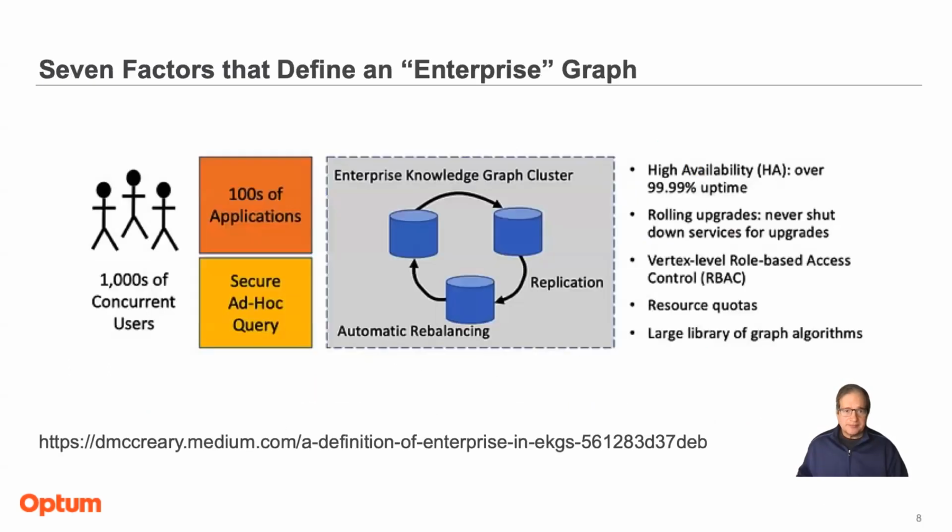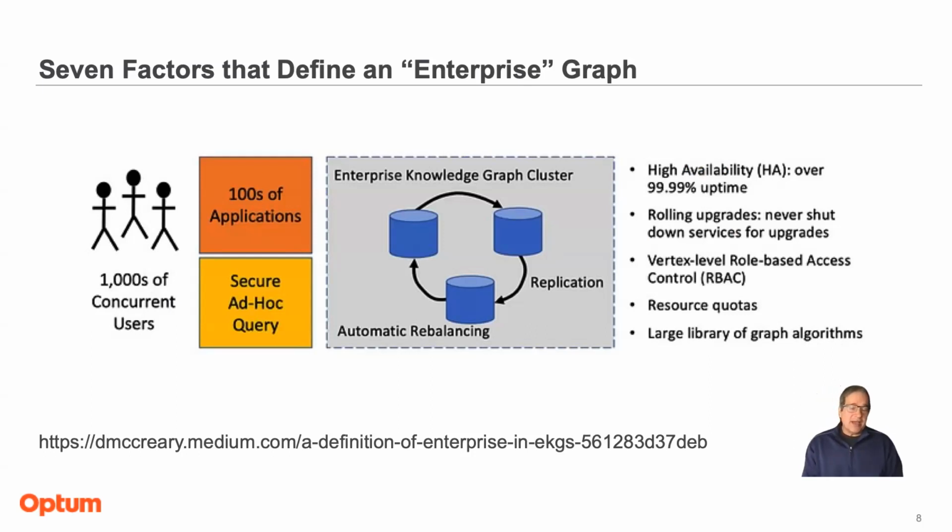And what we've done is we've defined what I call the 7 factors that define enterprise graph. And almost all of them are around scalability, making sure we have thousands of concurrent users, hundreds of concurrent applications. We have secure and ad hoc query. We can protect data at the database level.